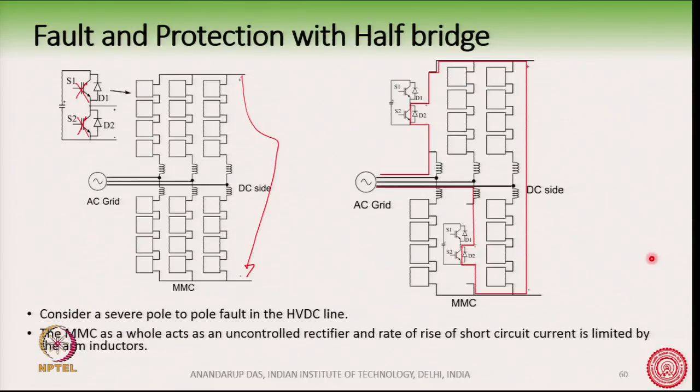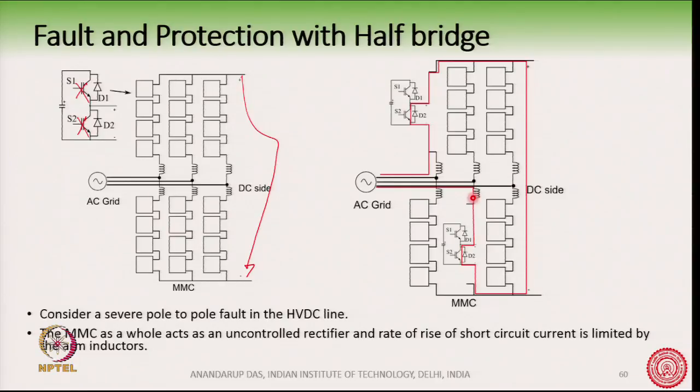The line voltage in the AC grid is impressed across the fault if we neglect the voltage drop across the diodes. So, the rate of rise of the current will be determined by these two inductors which are on the path, this inductor and this inductor here.